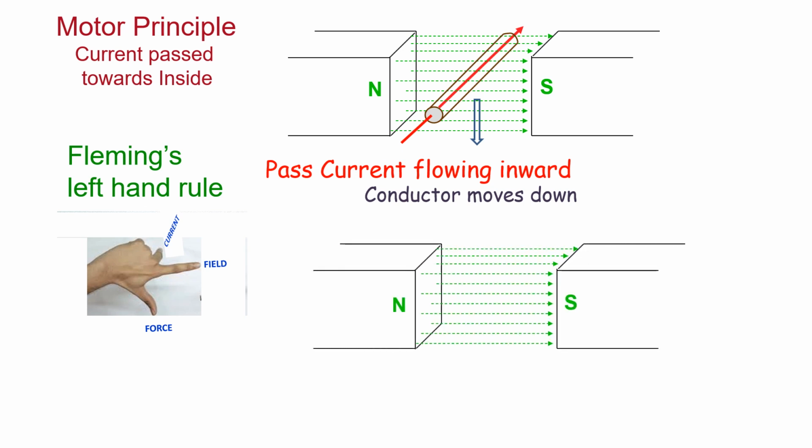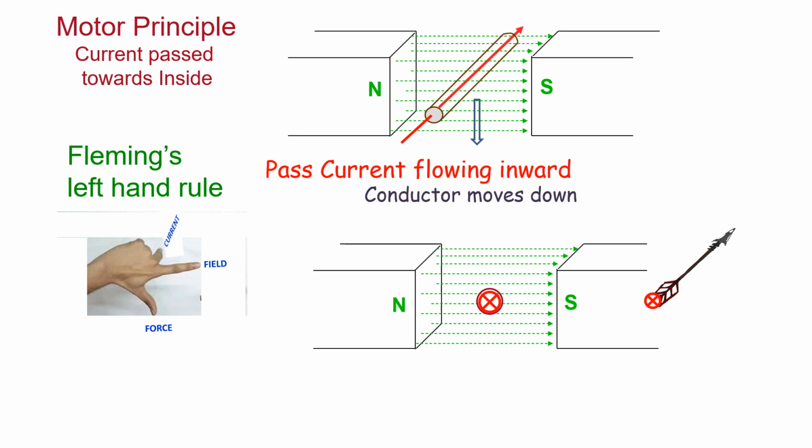Let us understand the same by means of this figure. You have again the magnetic field. The conductor is placed in the magnetic field, but now the conductor's cross section is shown. Pass the current through the conductor. The current is shown by a cross.